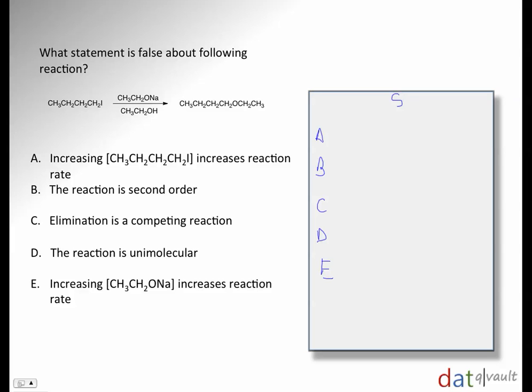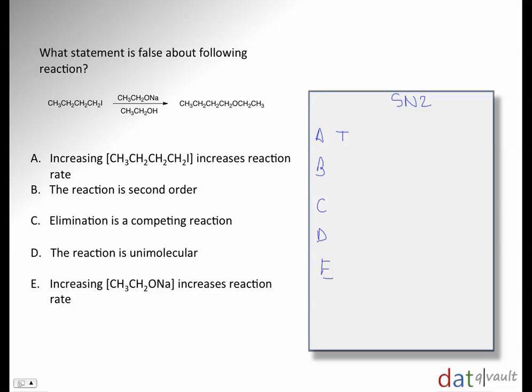So based on this reaction being SN2, if we increase the concentration of iodobutane, does this increase the reaction rate? SN2 reactions are bimolecular, so the reaction rate is dependent on both the substrate and the nucleophile. So yes, this is true since this is the substrate, and if we increase the concentration of it, we do increase the reaction rate.